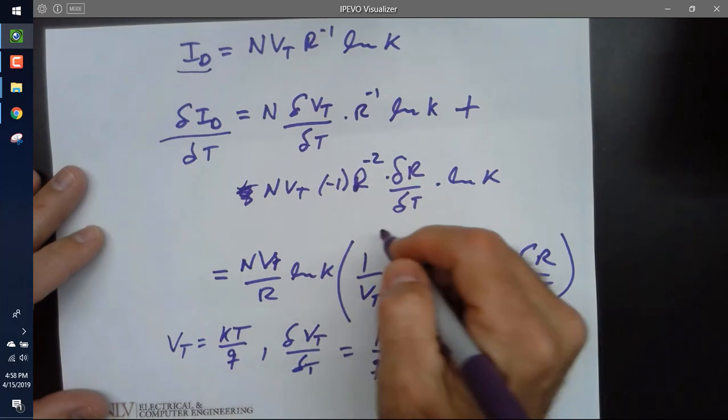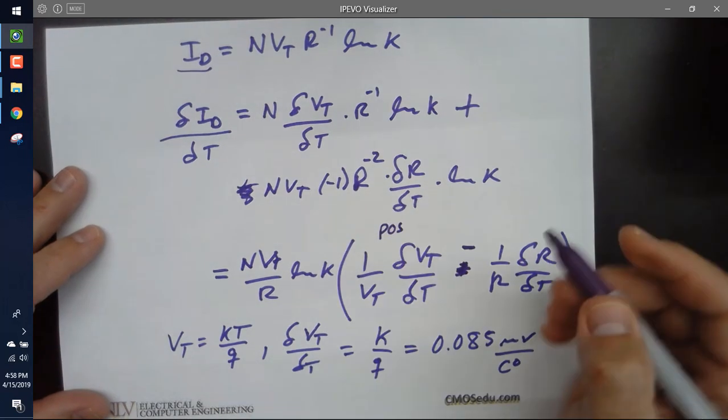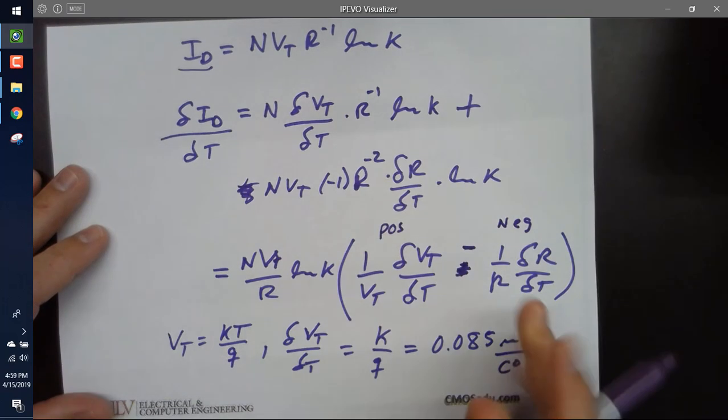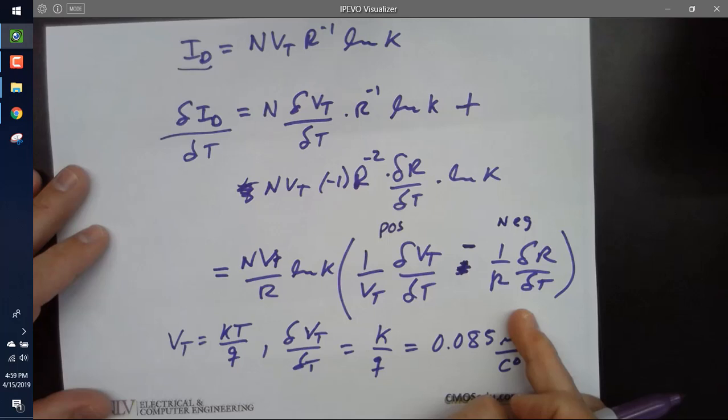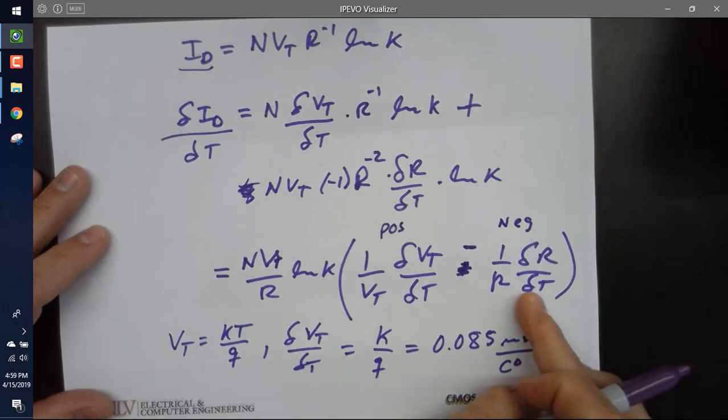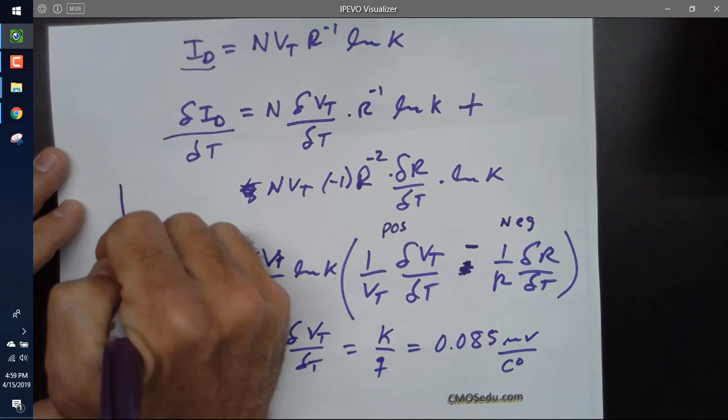All right, so this is positive, and this is negative. So if this term is larger than this term, then the Tempco will be positive. And if this term is smaller than this term, the Tempco will be negative.